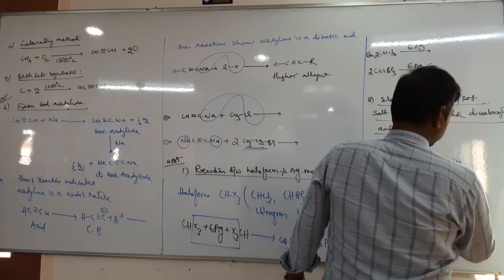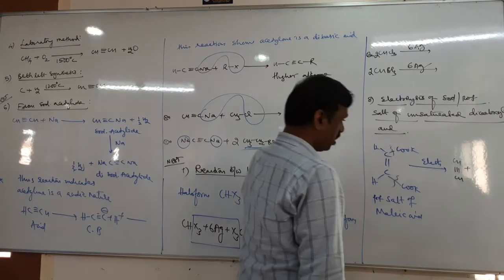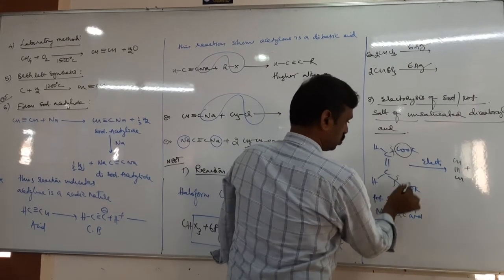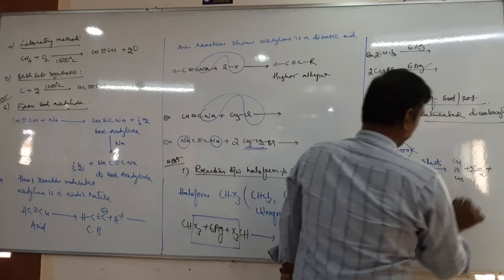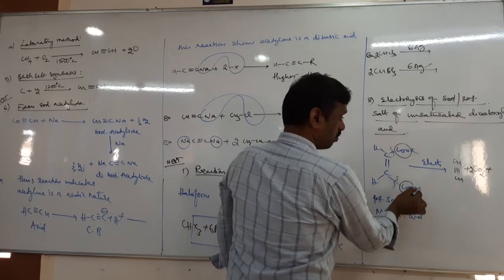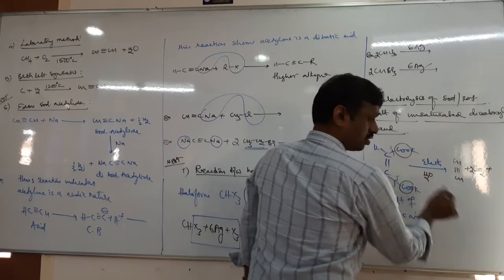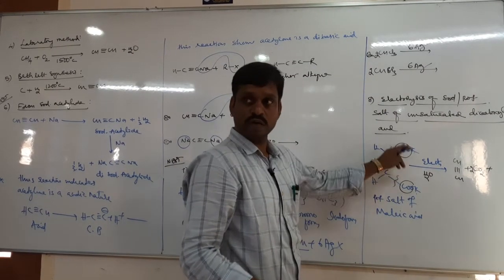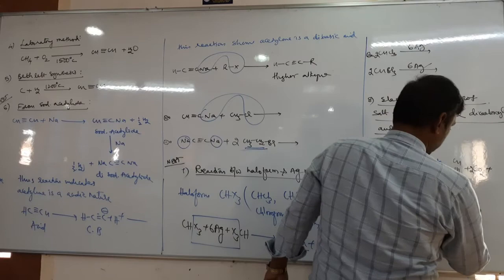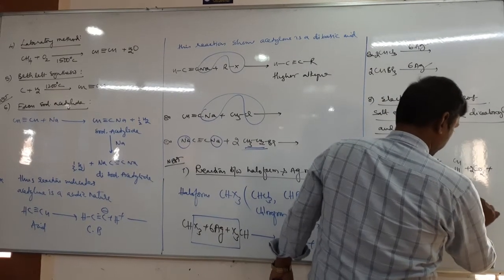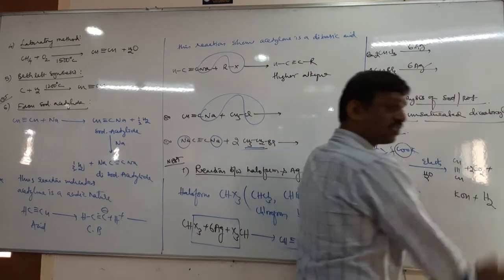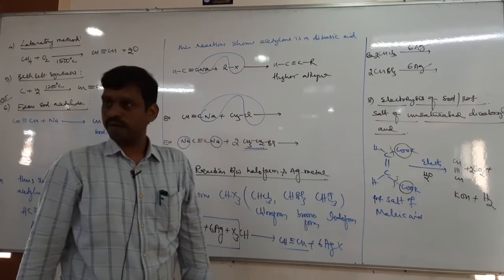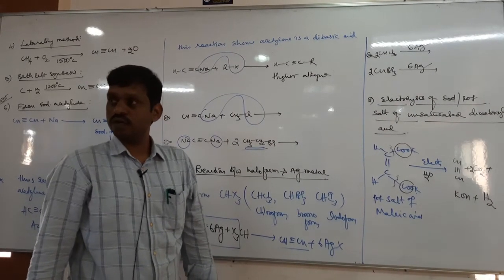CH triple bond CH, acetylene, and CO2, 2 moles of CO2 formed, and this potassium and water will be there, no, in electrolysis. So potassium plus water, you will get potassium hydroxide, and it also produces hydrogen gas. Metal plus water. Yes or no?